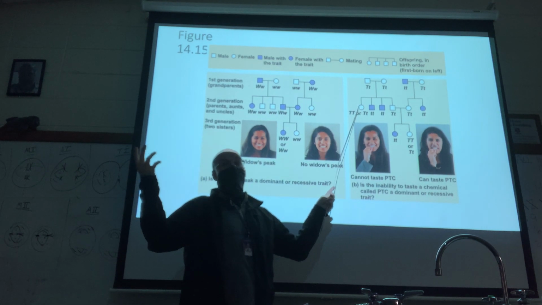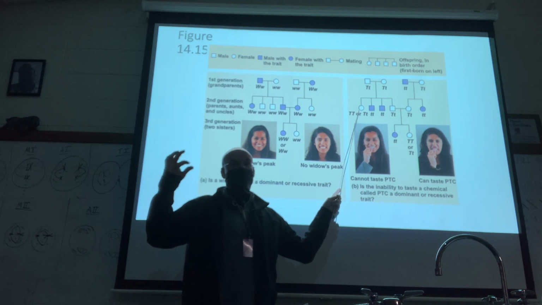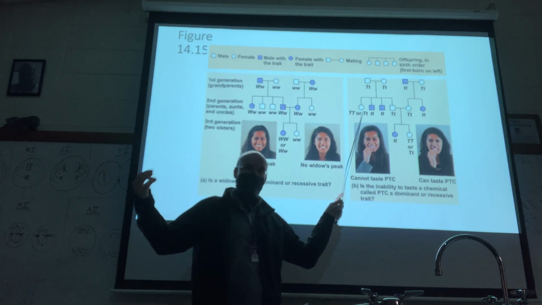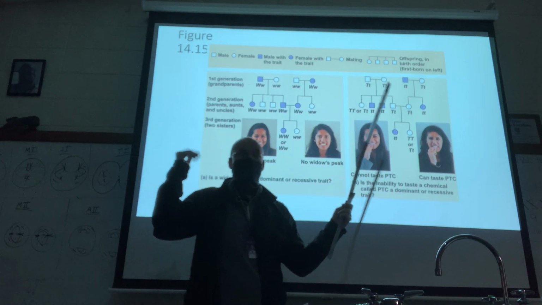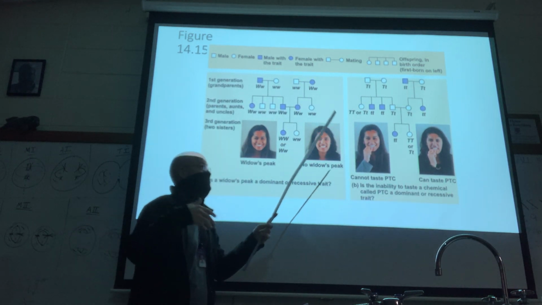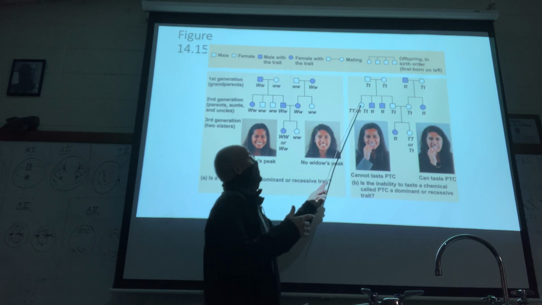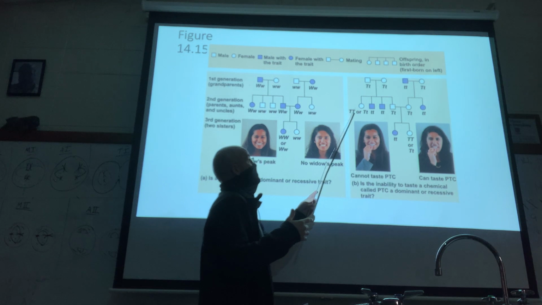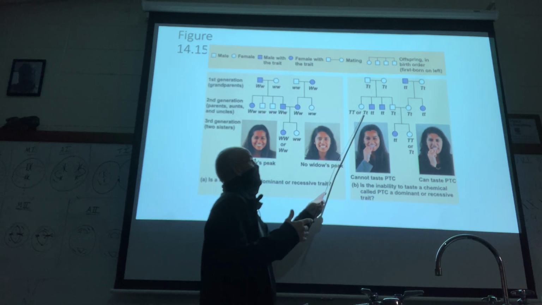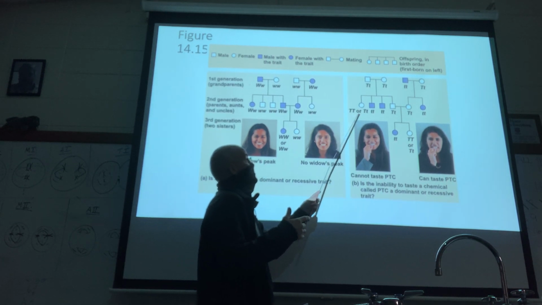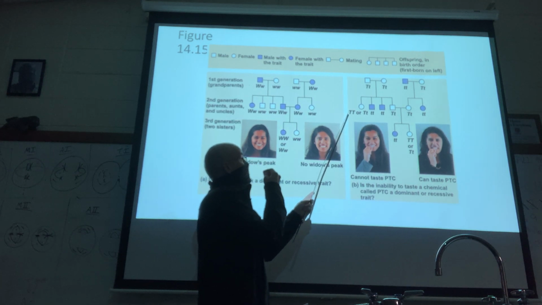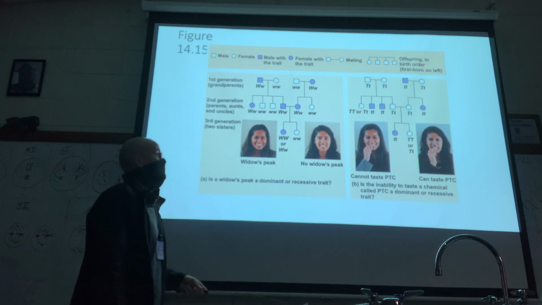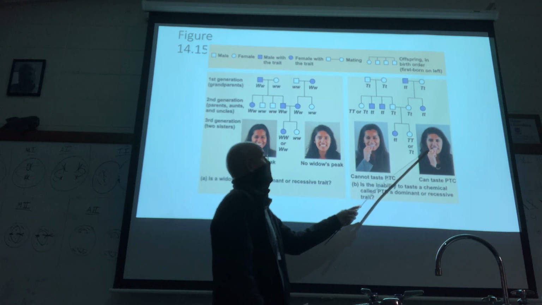So, until that happens, or unless you actually do a molecular test and get a blood sample and look at the DNA itself, which we have been able to do for 30 years now, with a pedigree, we can't say whether this person is homozygous dominant or shows the dominant phenotype because they're heterozygous. So they have this or this possibility. So you run into that. We don't know about her.